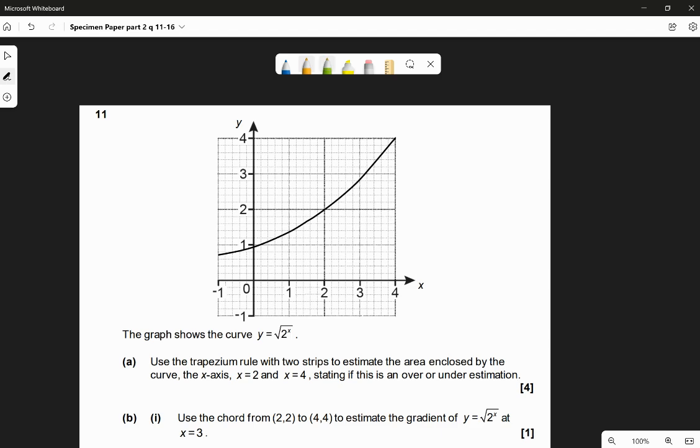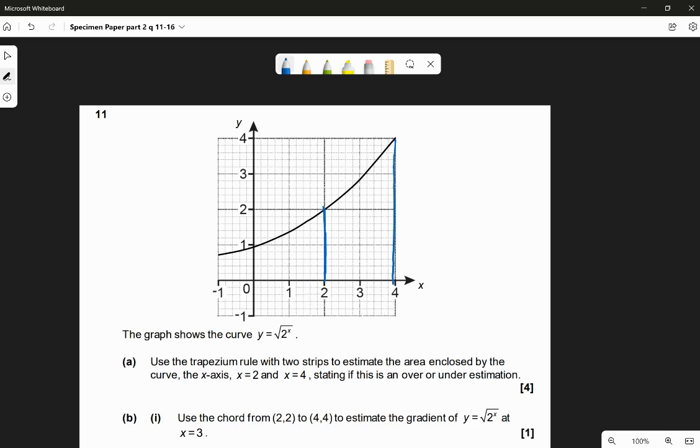Okay, so let's just start defining that area that I'm trying to find. The curve is one boundary for that area. The line, which is the x-axis, is another. So we've got the curve and the x-axis, and then the lines x equals 2 and x equals 4.